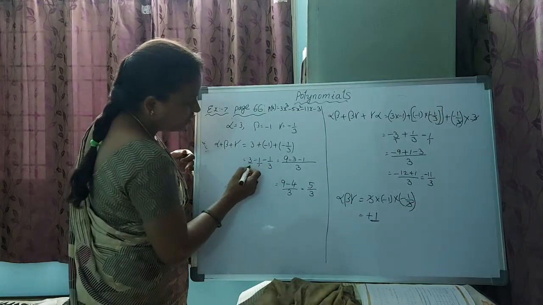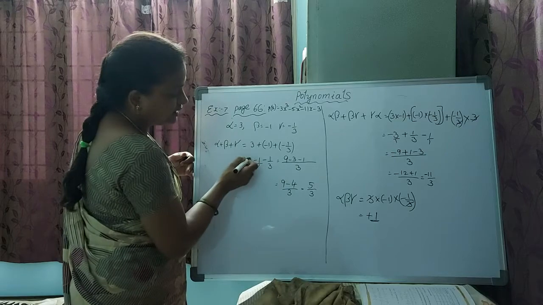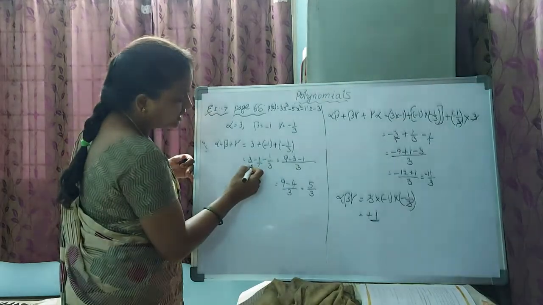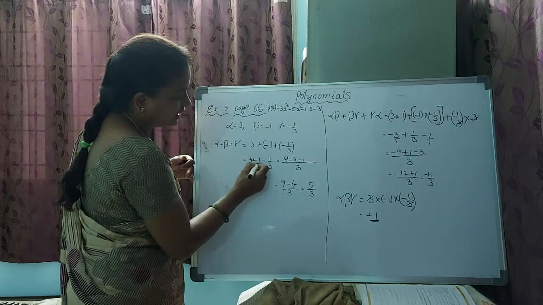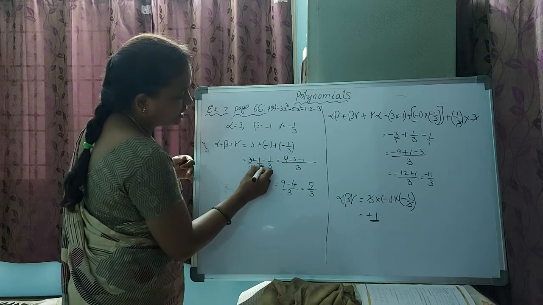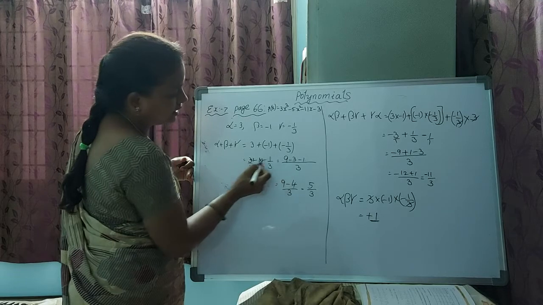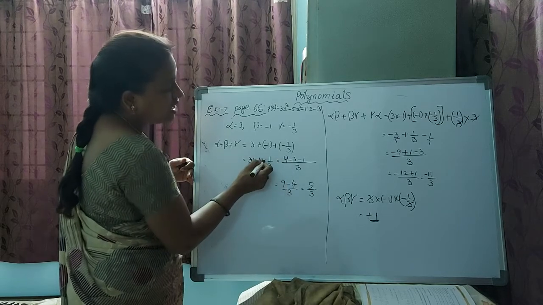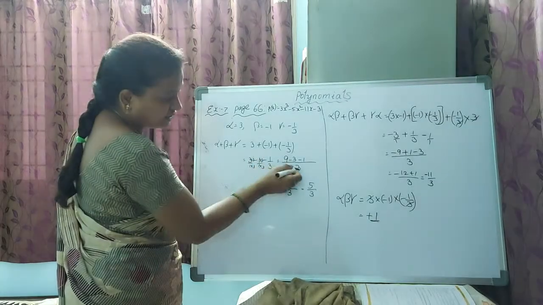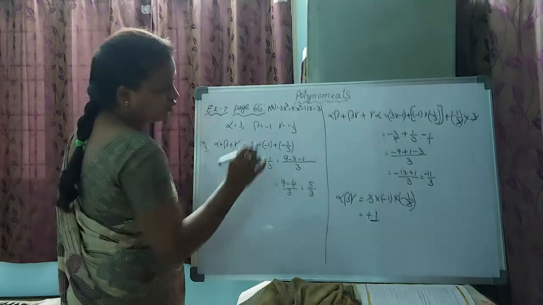Here also 1. 1 threes are 3. 3 threes are 9. You multiply with 3. Here also 1 threes are 3. 3 threes are 9. 1 threes are 3. Minus symbol, so minus only. Here 3 only. So 3 ones are 3. That's why 1 ones are 1 only.